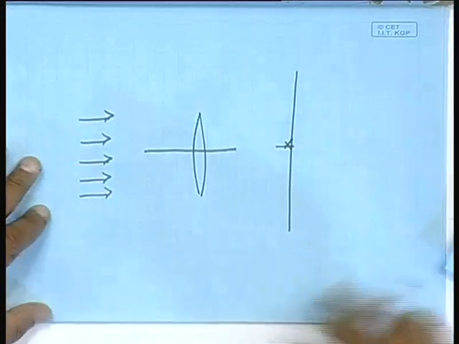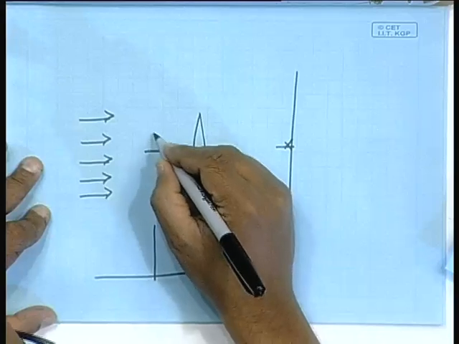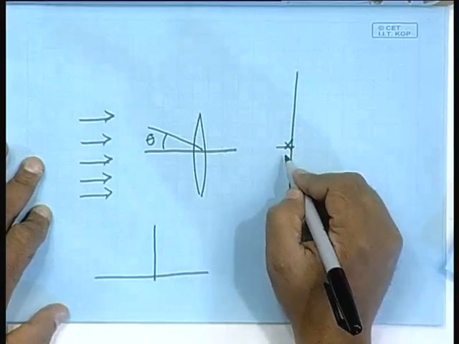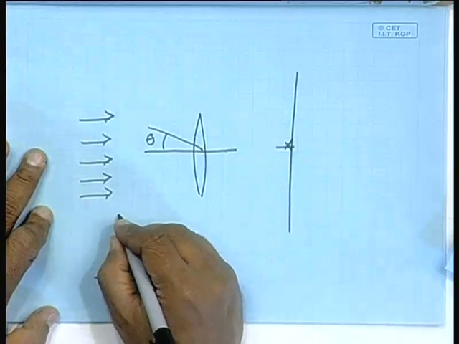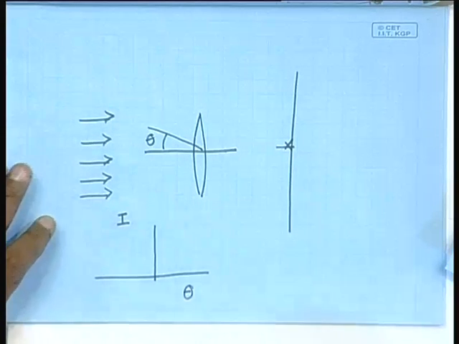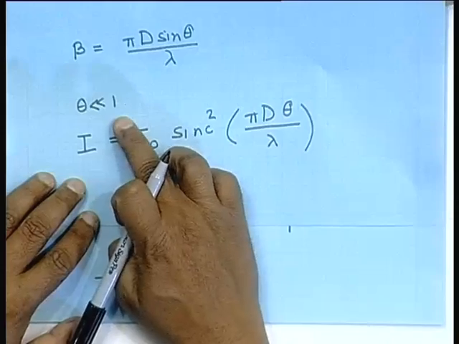If I plot the intensity as a function of theta, theta is the angle over here, and each different value of theta corresponds to a different point on the screen. I am plotting the intensity as a function of theta as given by this formula.